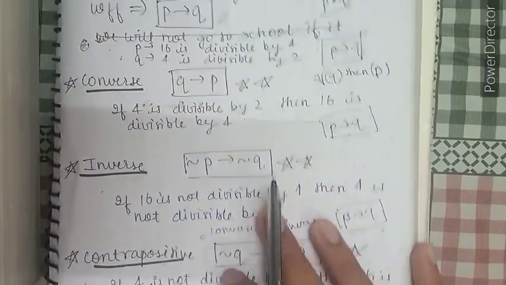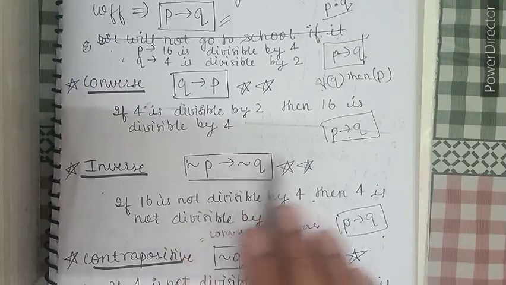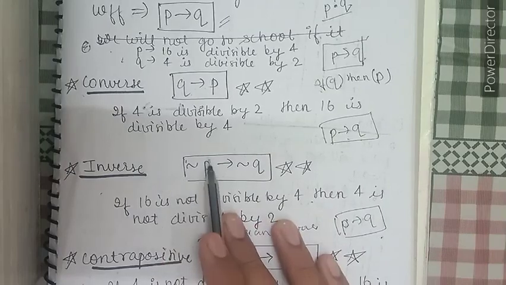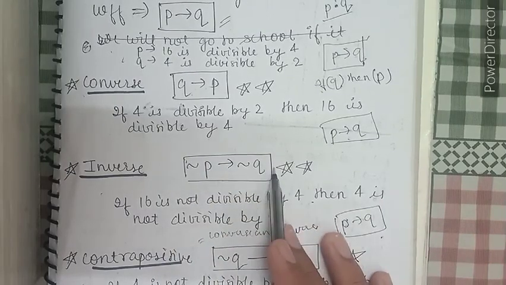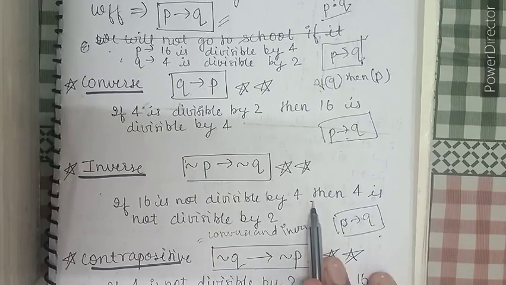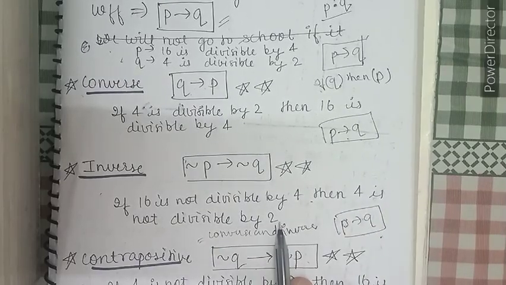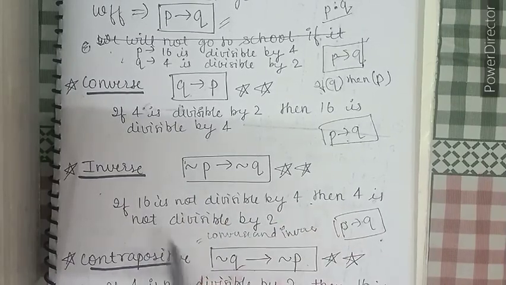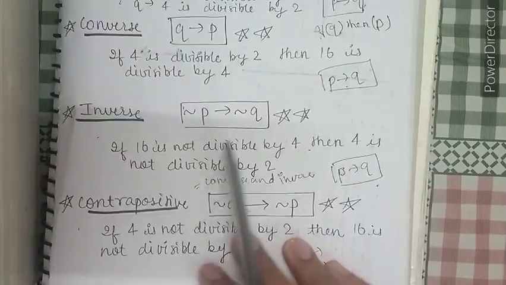Now coming to the second, that is inverse. If P implies Q is given, then the inverse of this statement is negation of P implies negation of Q. We can write it as: if 16 is not divisible by 4, then 4 is not divisible by 2. Now the next one is contrapositive.